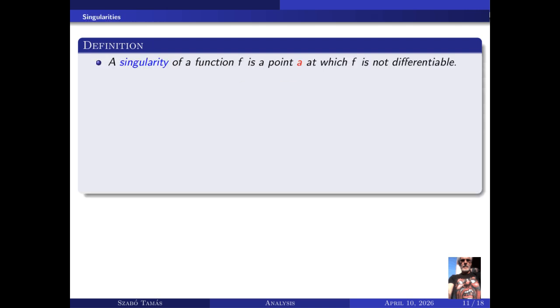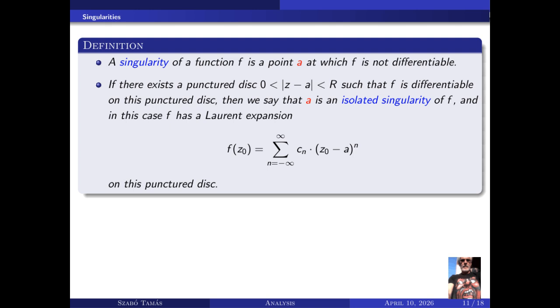Singularities. A singularity of a function f is a point a at which f is not differentiable. If there exists a punctured disk 0 < |z − a| < r such that f is differentiable on this punctured disk, then we say that a is an isolated singularity of f.